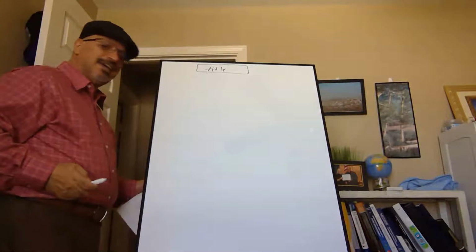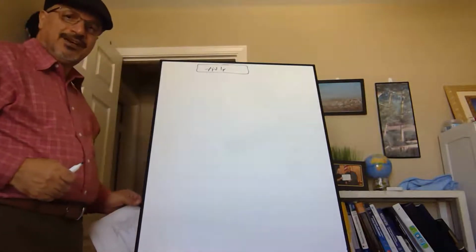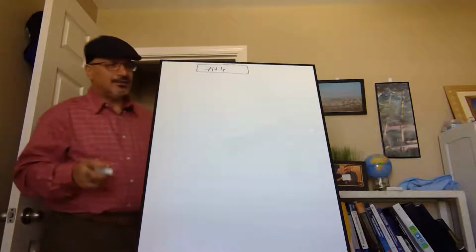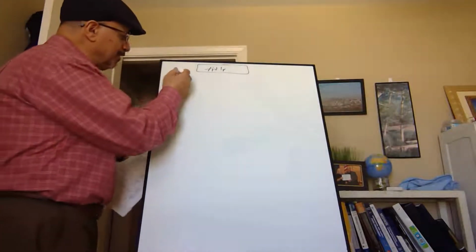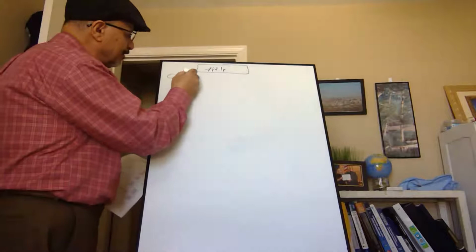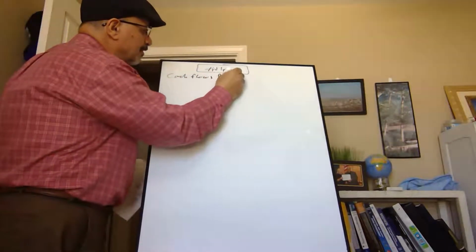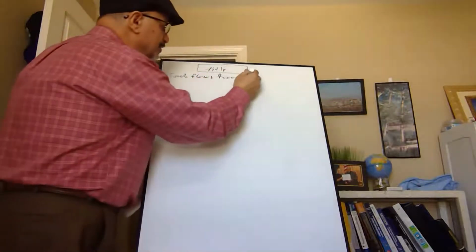In this case, the net income that they gave us is 112. So we put the title, cash flows from operating activities.